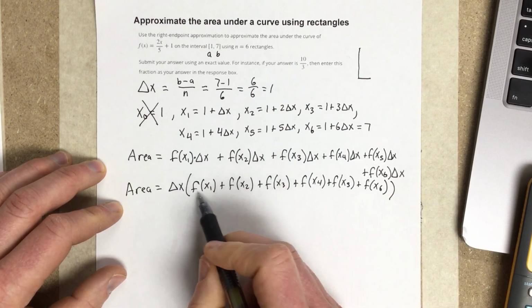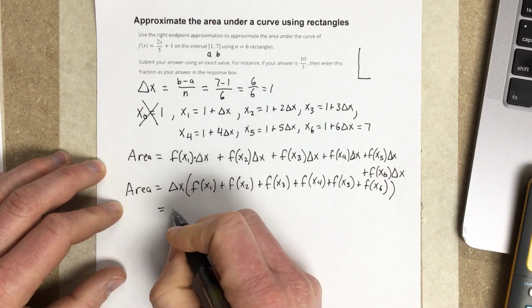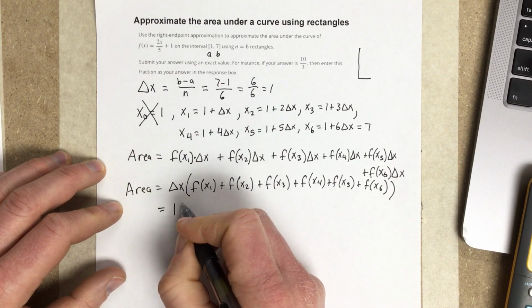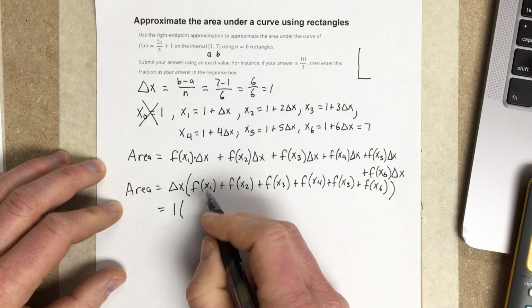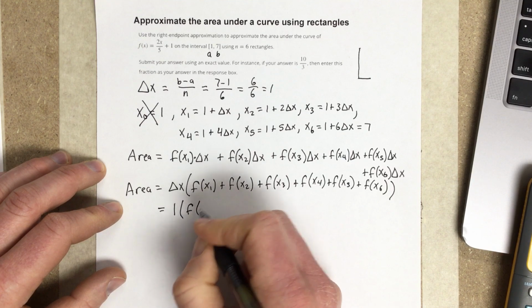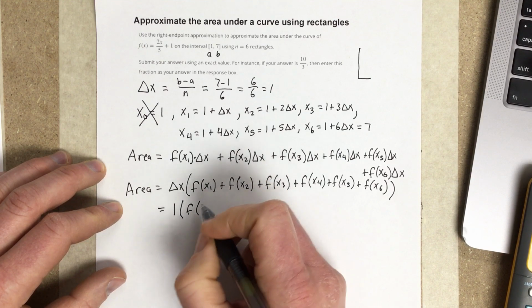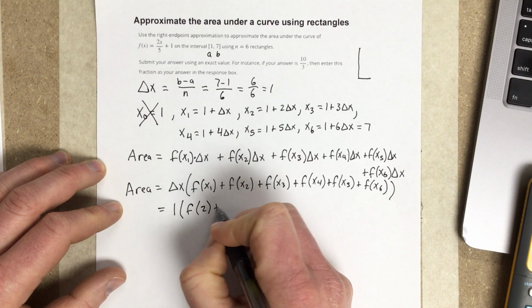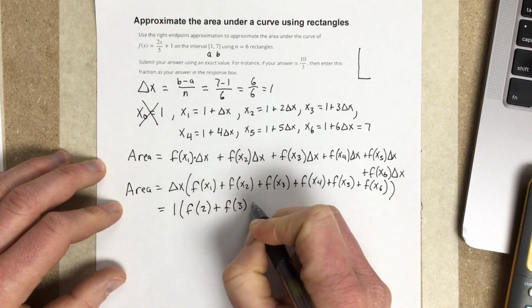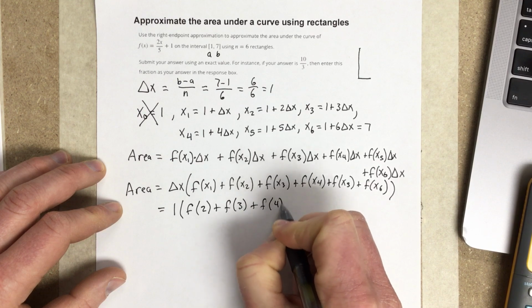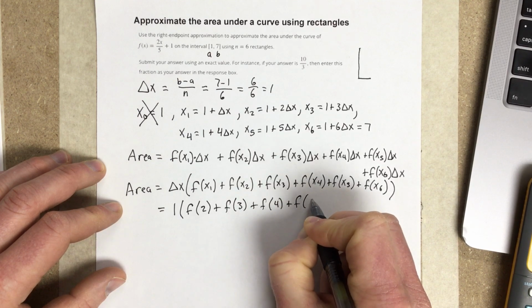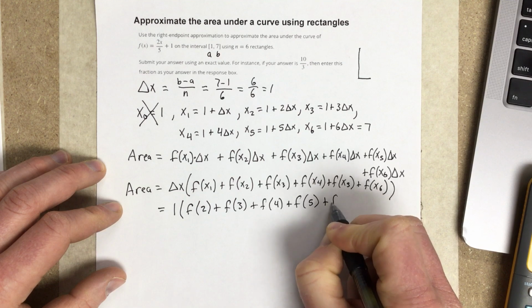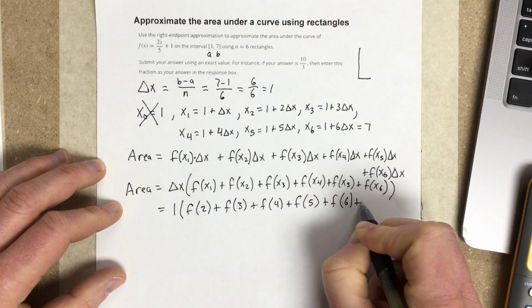And then change of x is really just 1, so I'm going to take 1 times f of x1, this would be f of 2 plus f of 3 plus f of 4 plus f of 5 plus f of 6 plus f of 7.